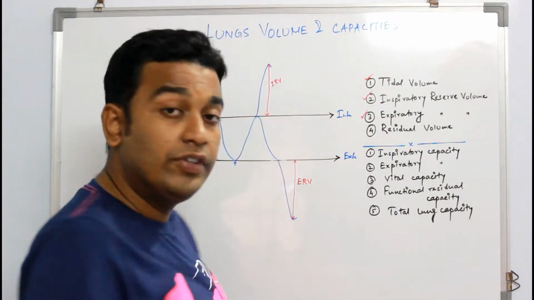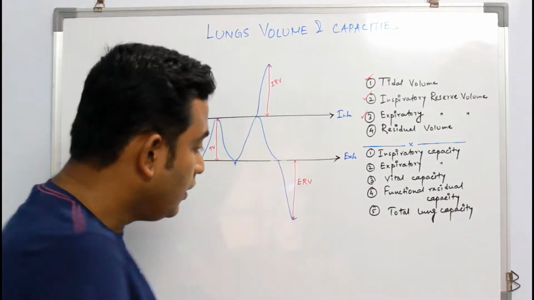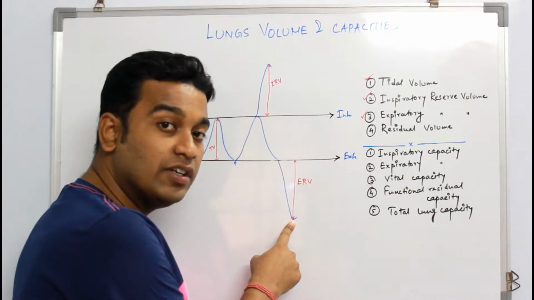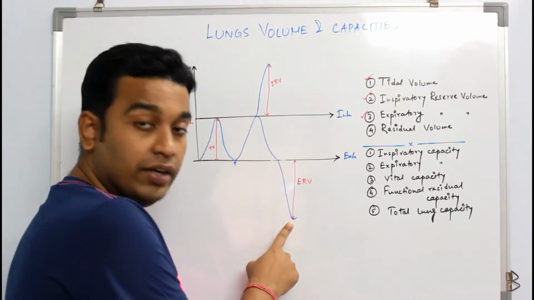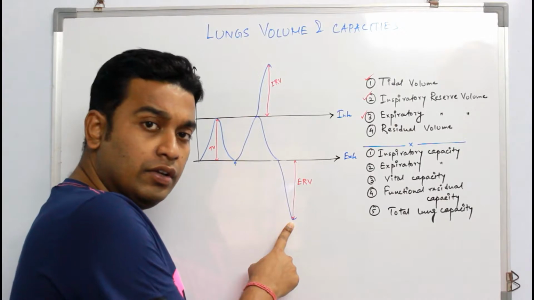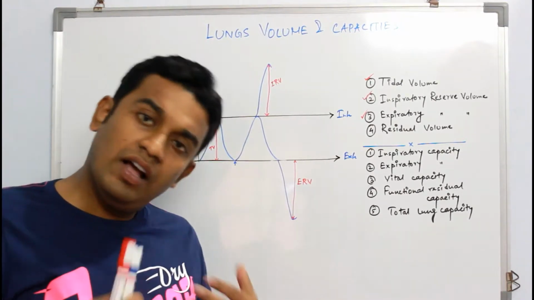Now the fourth one, residual volume. Guys, let me ask you a question. Suppose you are here, that means you have done the exhalation in a best way possible. Maximum exhalation you have done. But what do you think? Like all the air from the respiratory tract has come out.